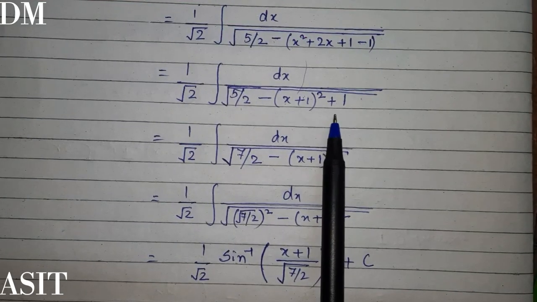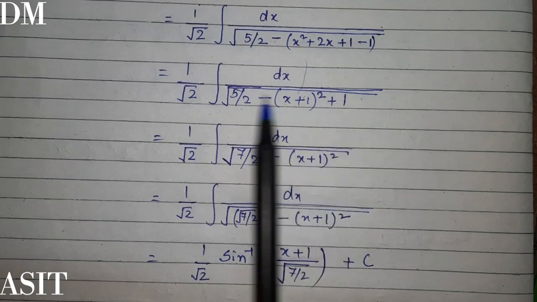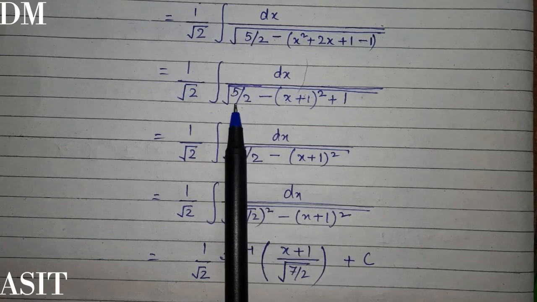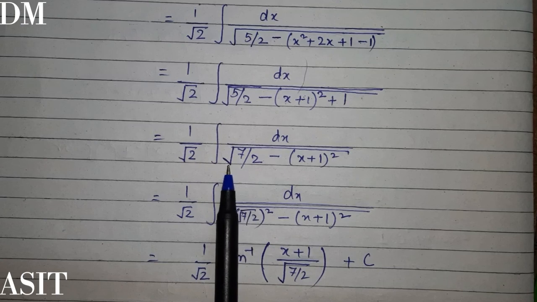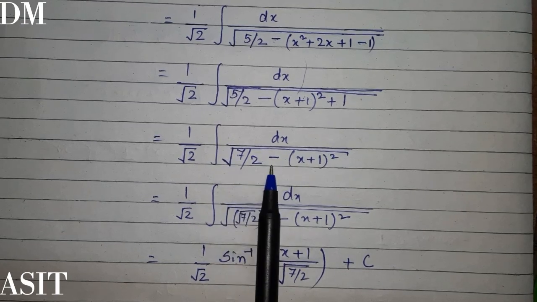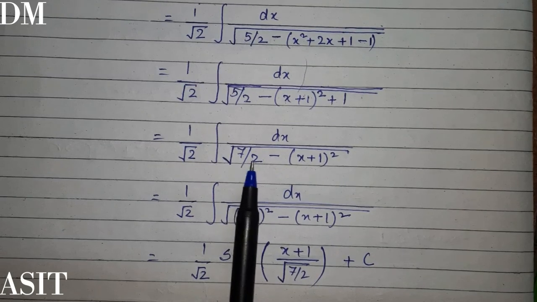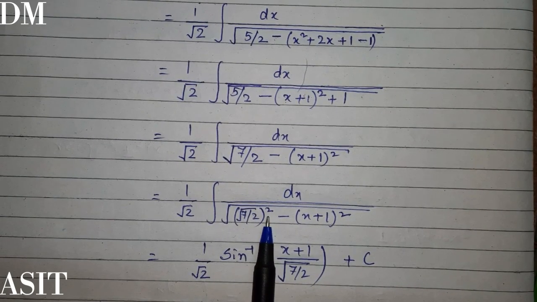And we can write plus 1. Now this plus 1 will be added with that 5 by 2. So if we add 5 by 2 plus 1, it will be 7 by 2. So root over of 7 by 2 minus x plus 1 whole square. Again 7 by 2 means root over of 7 by 2 whole square.